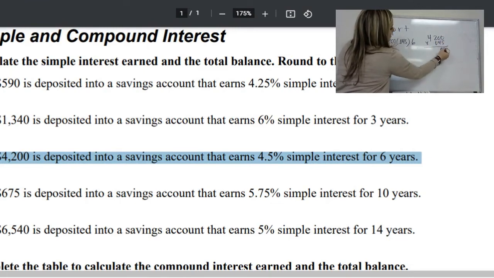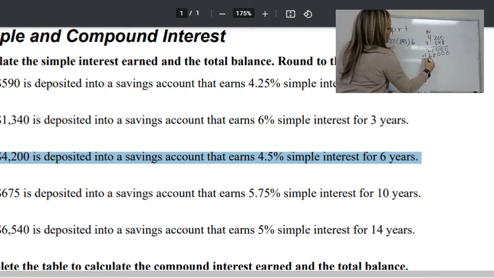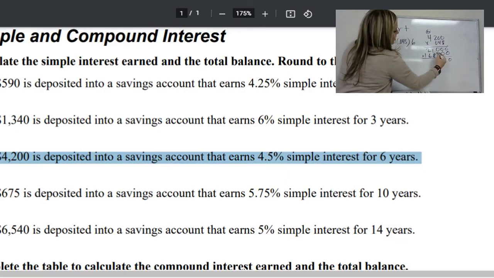0 times 5 is 0. 0 times 5 is 0. 2 times 5 is 10. 0 can stay, 1 got to go. 4 times 5 is 20 plus 1 is 21. Then 0 times 4 is 0, 0 times 4 is 0, 4 times 2 is 8, and 4 times 4 is 16. Adding up: 0, 0, 0, 9, 8, 1. So 1, 2, 3 decimal places.